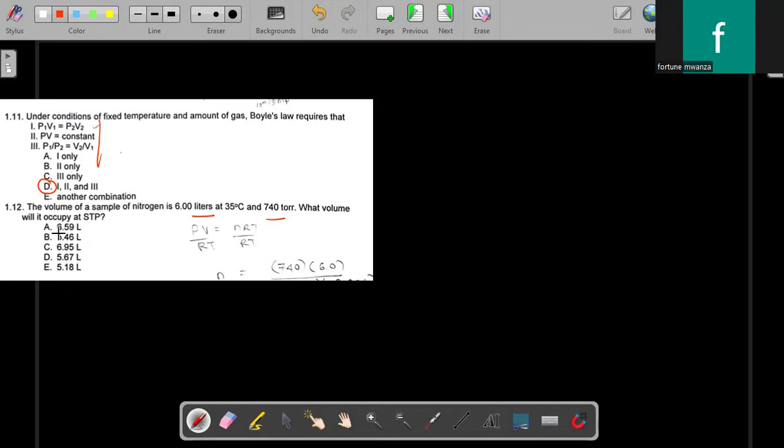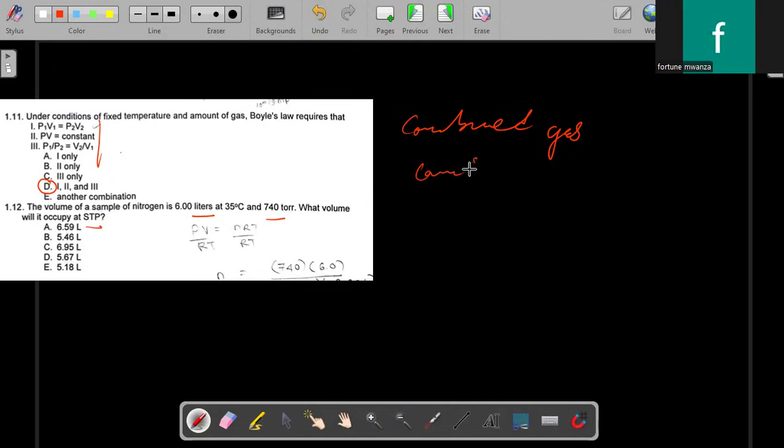What volume will it occupy at standard room temperature and pressure? Here we combine the gas laws. So, combined gas laws.